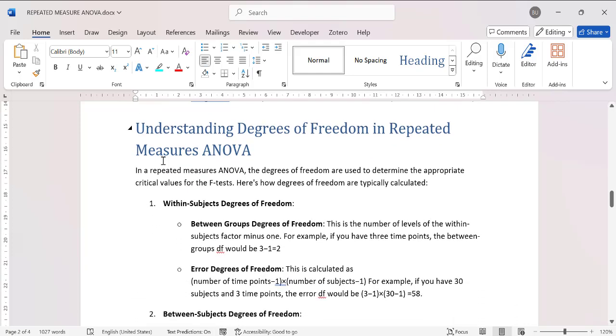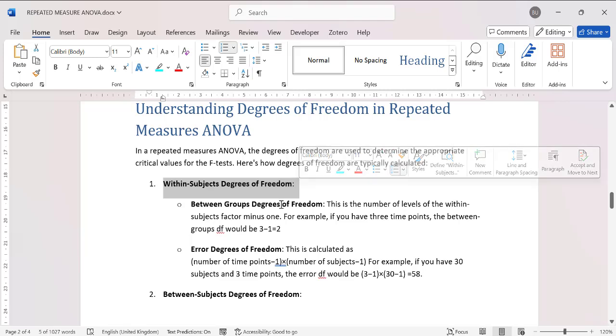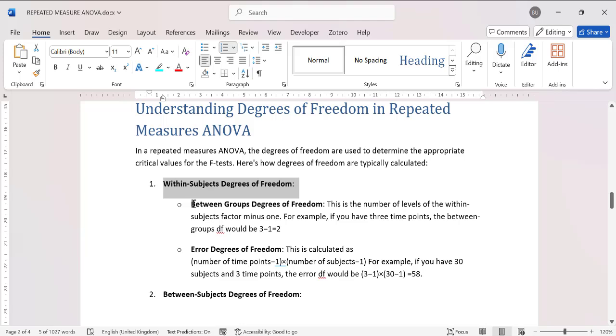Okay, then the last thing we need to talk about is the degrees of freedom. How do we actually get them? Like I said, for within subjects degrees of freedom, when you see the word within, it means we are looking at the impact of time. We are looking at the impact of the independent variables on the dependent variables, but considering time.